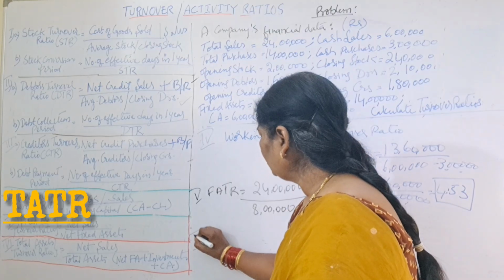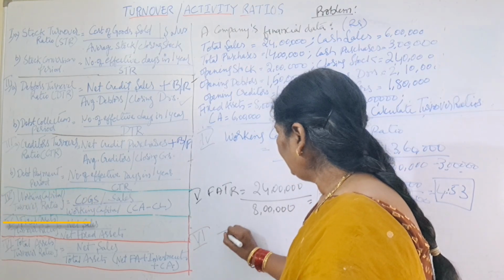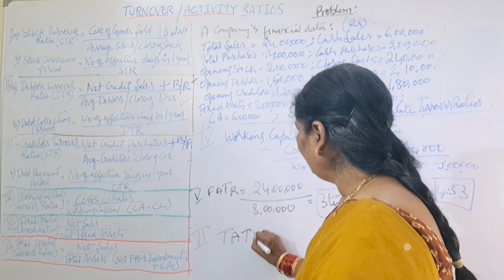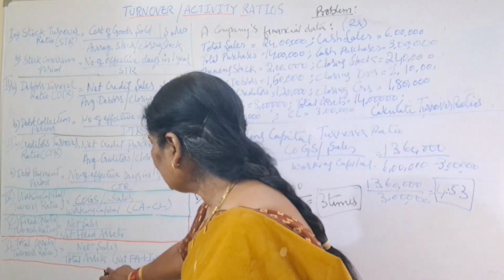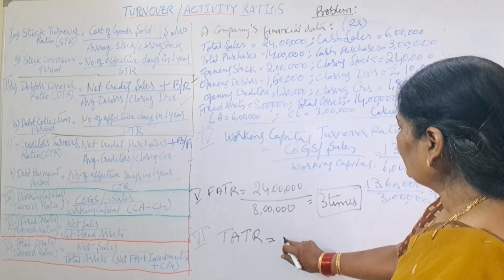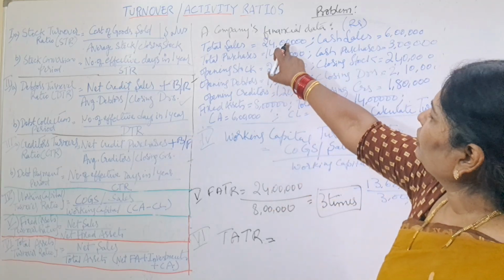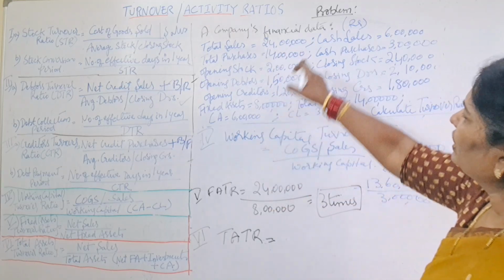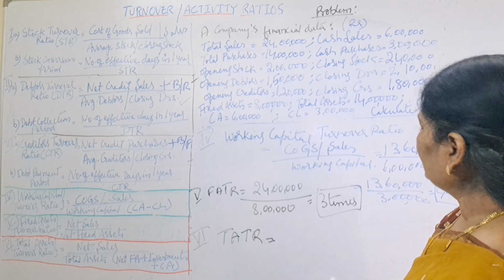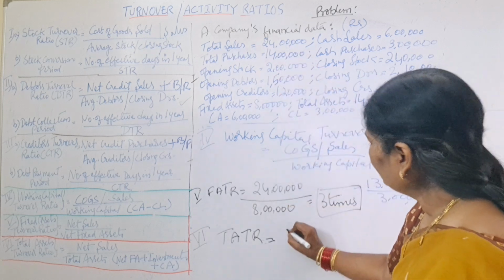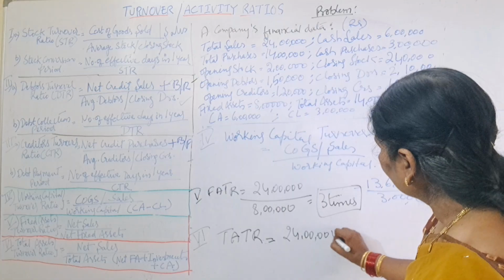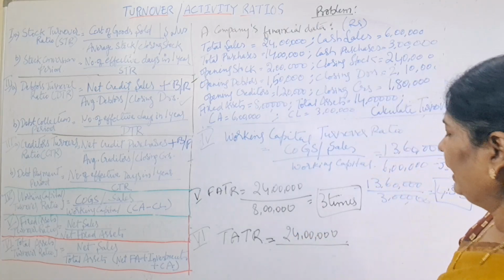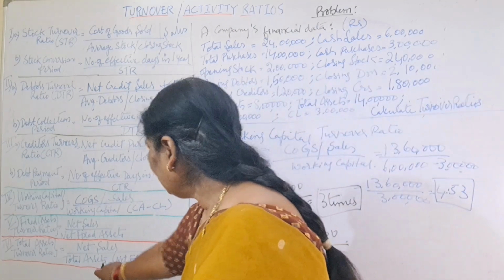How do we show it? TATR means total assets turnover ratio. What is the formula? Net sales by total assets. Our total sales is net sales because we do not have any sales returns. So I'm taking total sales as net sales and writing 24 lakhs divided by total assets.